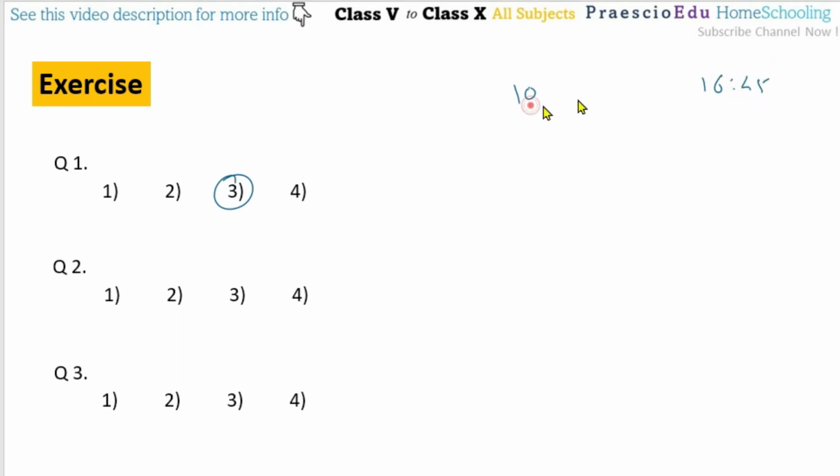This time is in the 24-hour format. From 16:45, there is a 12 noon in between. So if we deduct 12 from this time, the 45 stays as it is, and 16 minus 12 is 4. So it's 4:45 p.m. 4:45 is shown in option number 2.